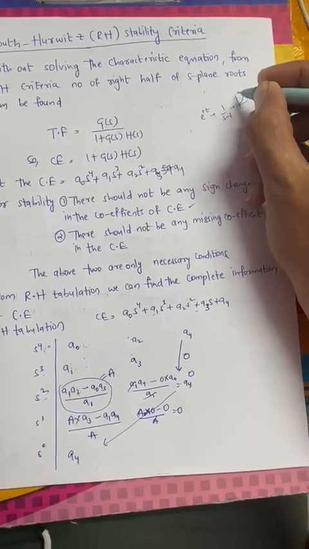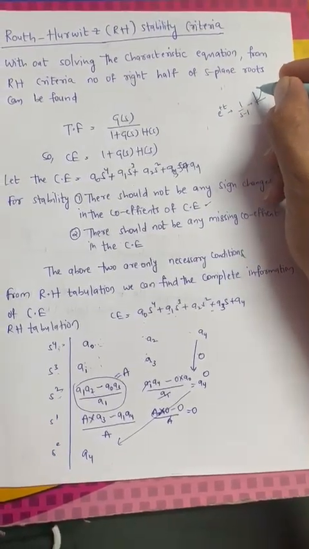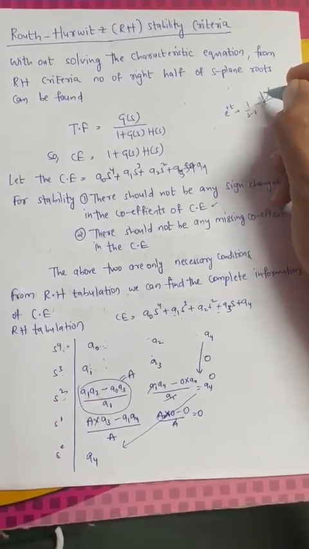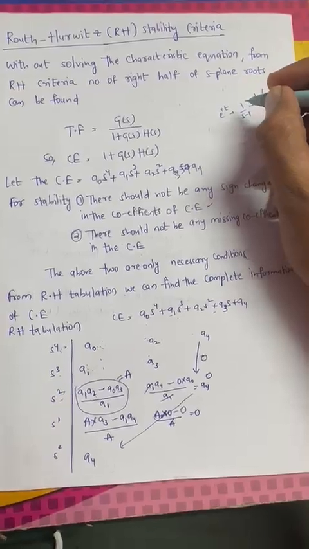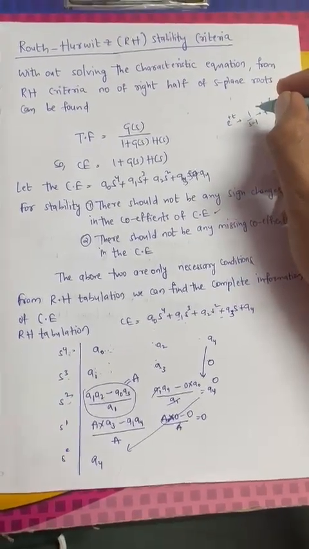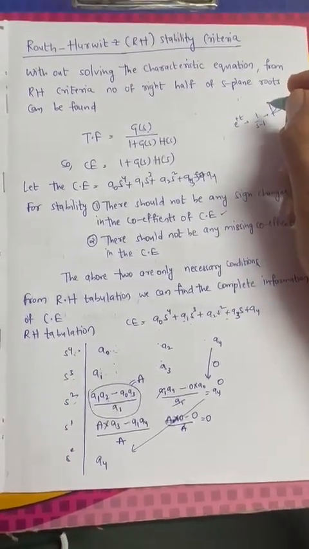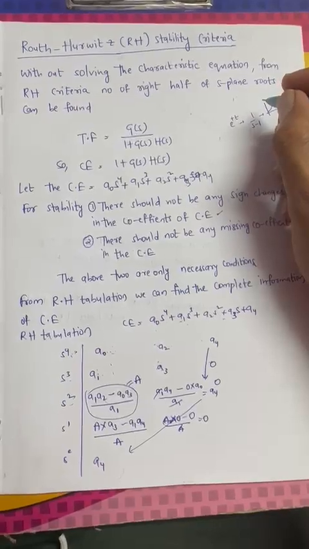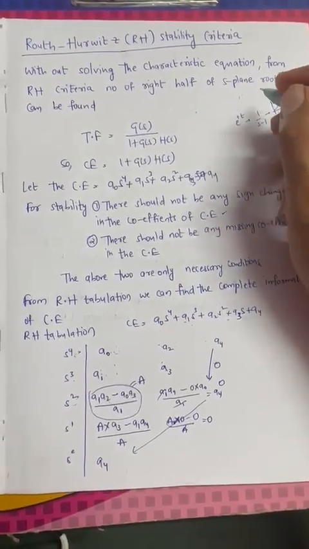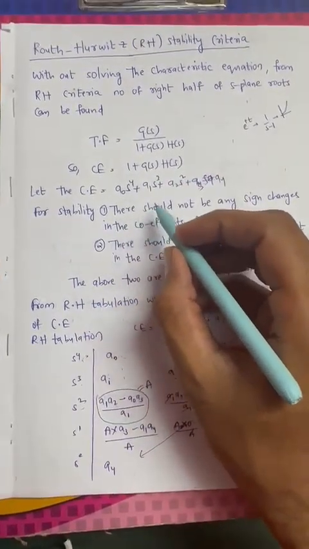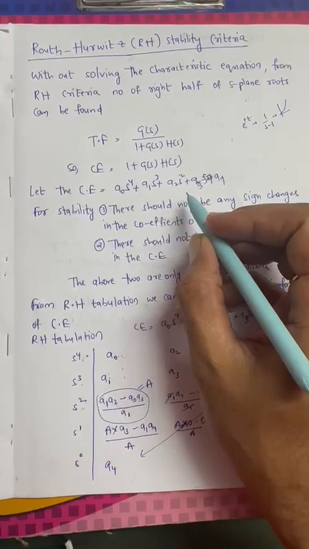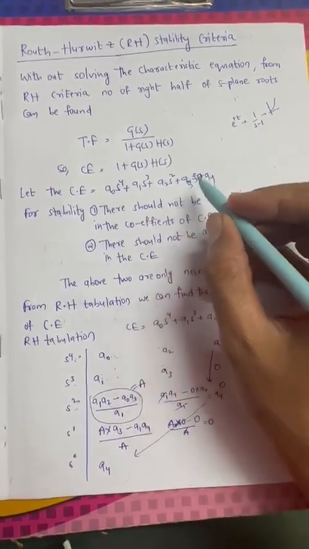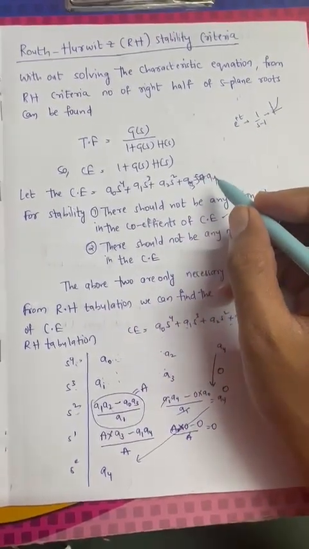So for a bounded input, there is an unbounded output, hence the system is unstable. So if we have a right hand side pole, the system will be unstable. So without solving the characteristic equation, we can directly find how many right hand side poles are there, thereby finding the stability of the system.